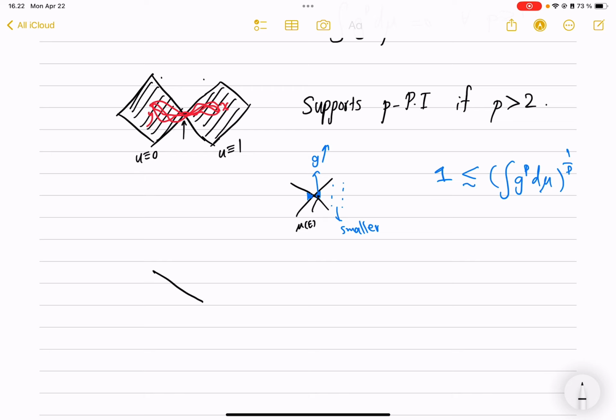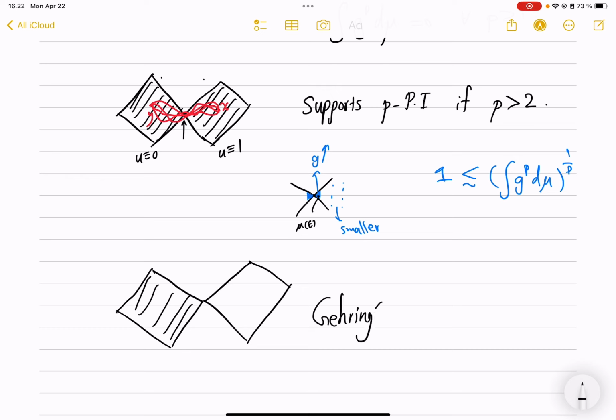Another way would be to adjust our measure, and this is actually a famous example called Gehring's bow tie. If you, instead of Lebesgue measure, put some measure mu, which is some scaling, say theta function of the L2 measure, then by increasing the measure here, you can actually improve the Poincare inequality to anything.